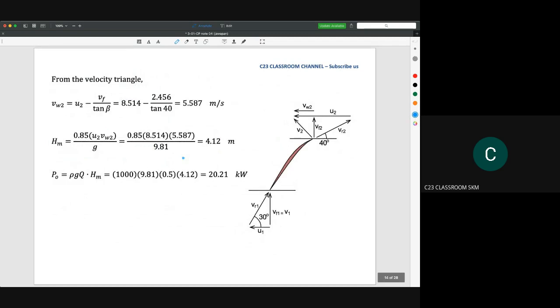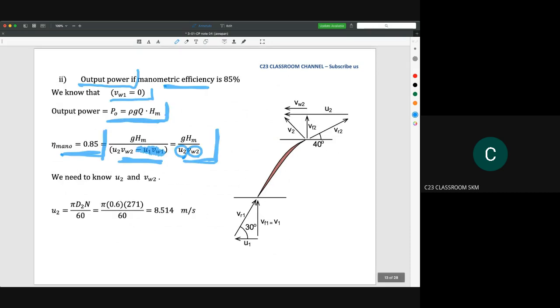Okay, I'm sorry. So we need to calculate U2 and V2. If we get these two, U2 and V2, we can get the value of HM because the value of manometric efficiency is already given.